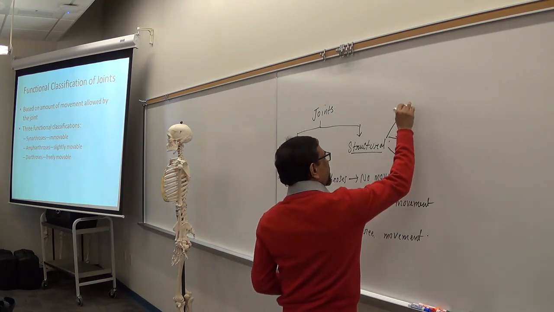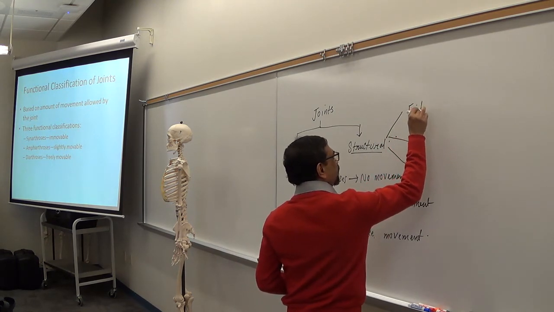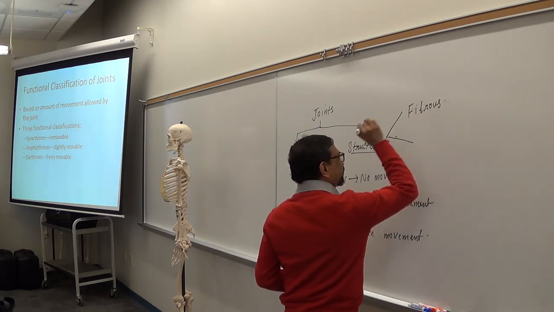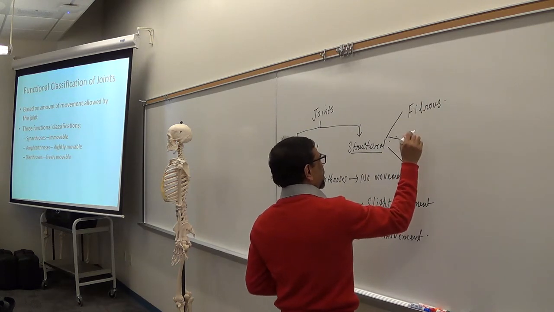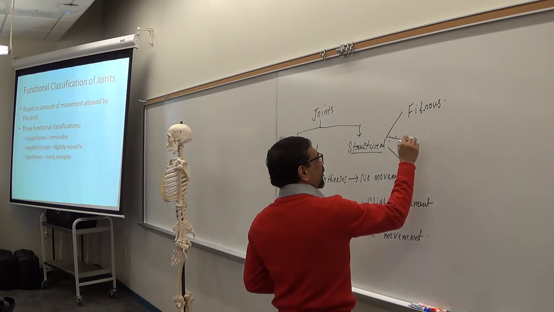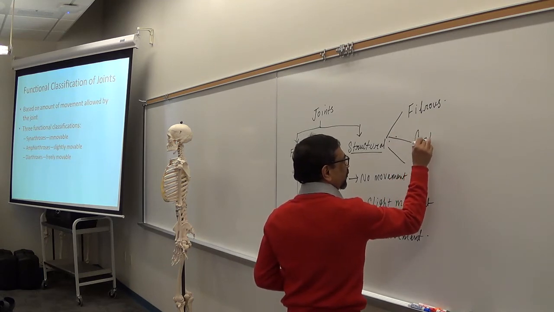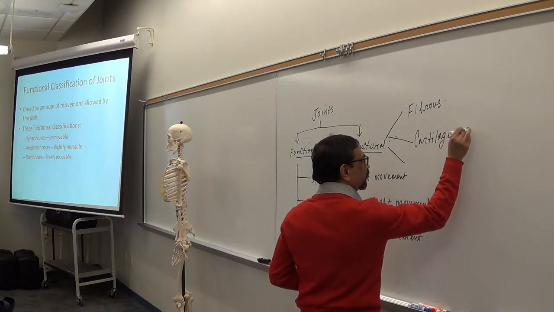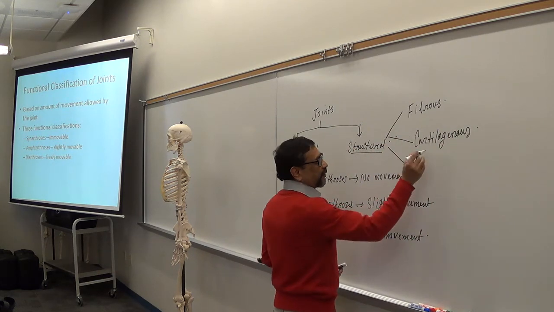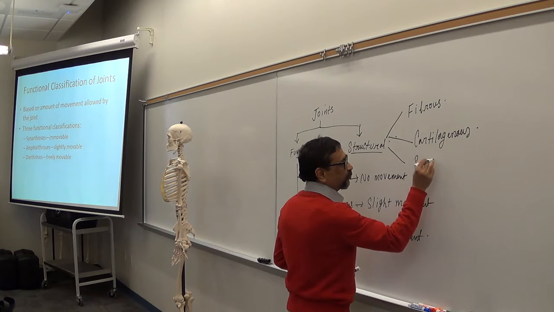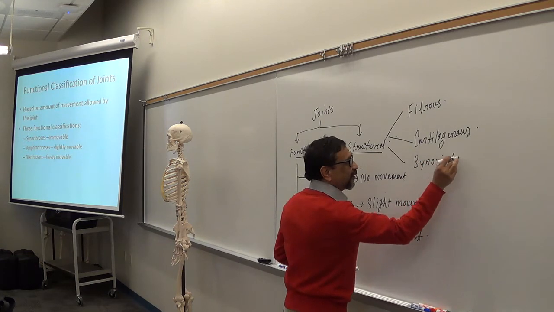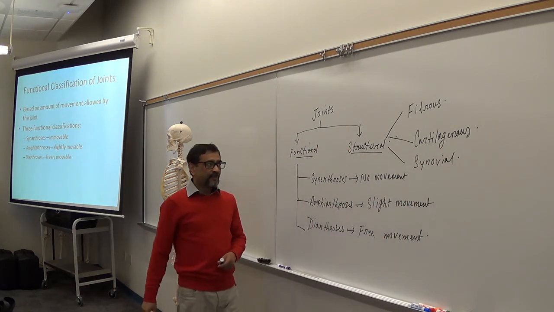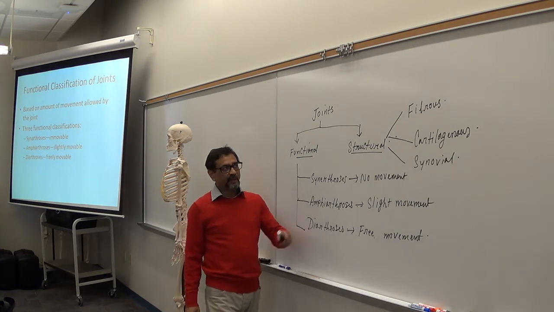One is fibrous, another is cartilaginous, and synovial. Okay, so three types of structural classification.